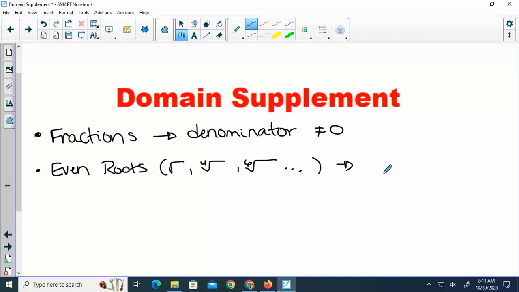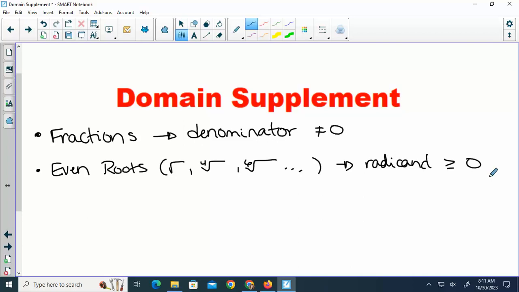Can't be a negative. Okay. The radicand, or the thing under the radical, always has to be greater than or equal to 0. And we saw that when we graphed the square root, it started at 0 and went on after that. So we didn't have anything less than 0 that we could plug in.